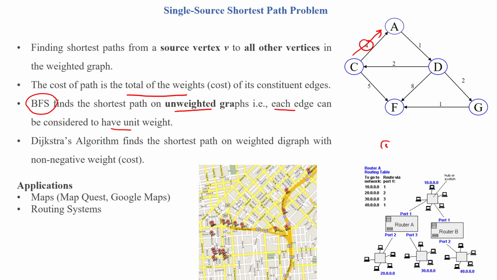Suppose I am having vertices 1, 2, 3 in an undirected graph, and I am not having any weights. If weights are not given, then we can use unit weight, equal weight, for all the edges. And Dijkstra's algorithm is used to find shortest path on a weighted directed graph.